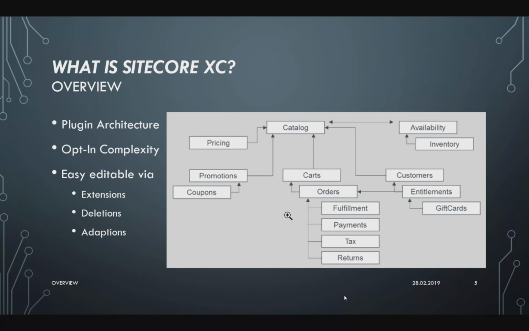That's also called opt-in complexity. So Sitecore offers us a bunch of plugins which we can use, but we do not have to use. We could safely remove them or create our own ones. This plugin architecture is easily extensible and adaptable, so we can easily make our own functionalities in it.